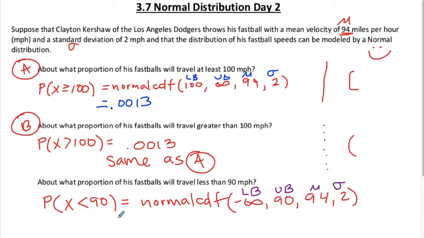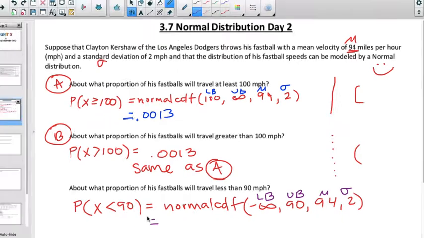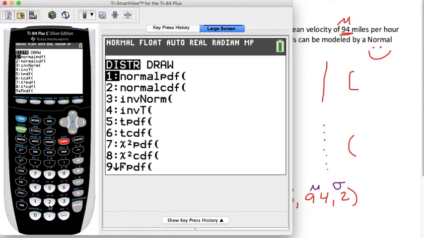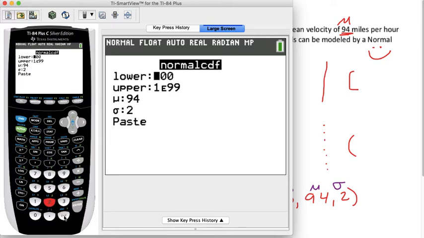Into my calculator, I will find this value. I'll pull that up and go negative 1E99, and then 90. This is less than average, so I know it's less than 50%.